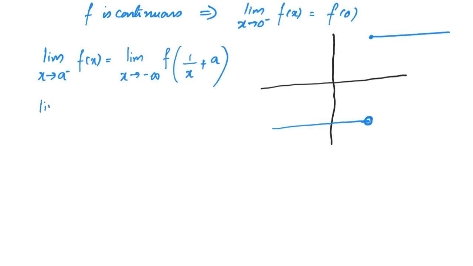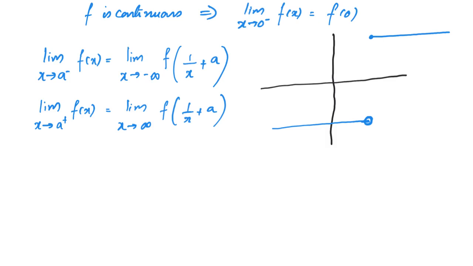And similarly, we will define the limit of f as x tends to a from the right hand side as limit x tends to infinity f of 1 by x plus a. Here again, as x tends to infinity, 1 by x tends to 0, and a plus 1 by x is always greater than a, as 1 by x is positive.